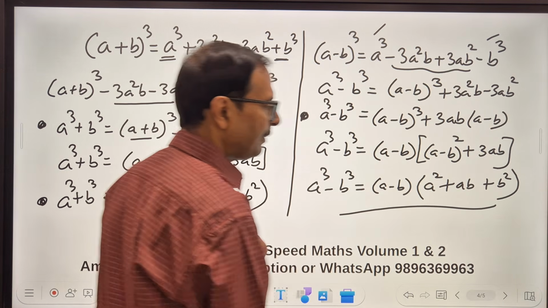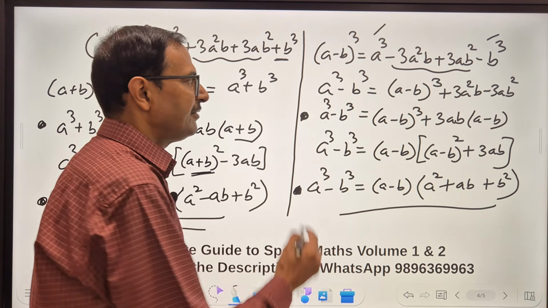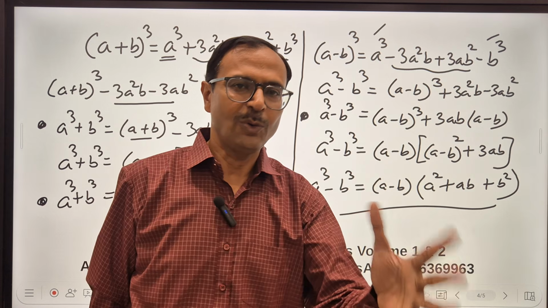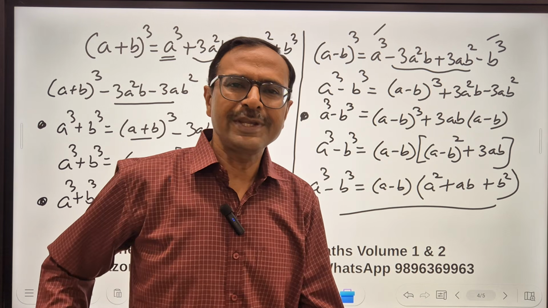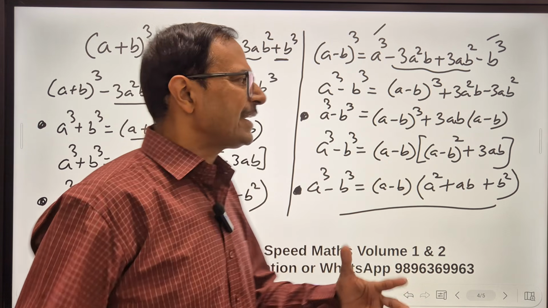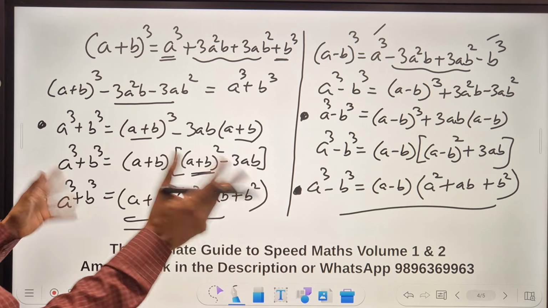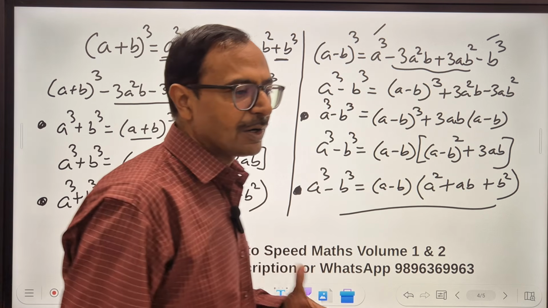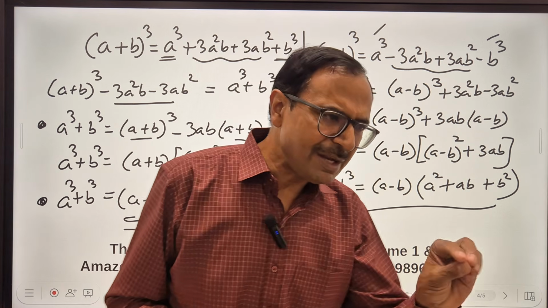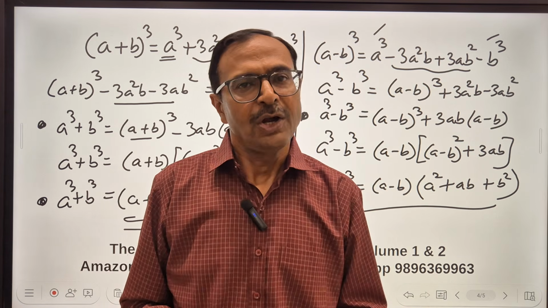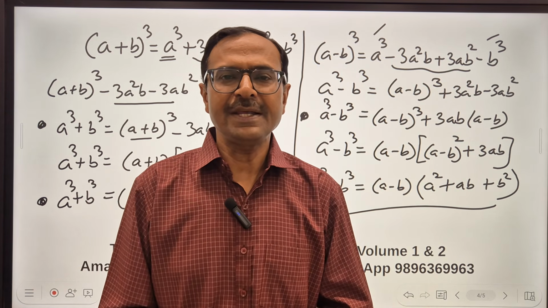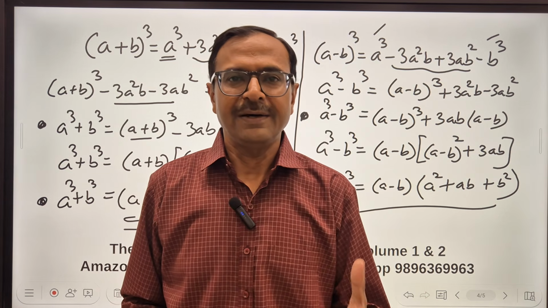And see, familiar looking identity derived directly from a minus b whole cube. So many good things are there, I can keep on extending these results and show you how algebraic identities work. Understanding very, very basic algebra is required to remember these identities and apply them properly in the exam.